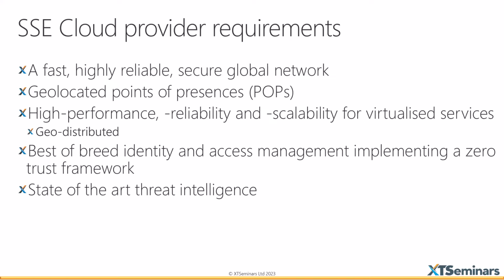So if we've got a virtualized firewall, we've got a virtualized gateway of some kind, it needs to be virtualized in the correct location. So that's all got to be geo-distributed and it's got to be fast. And then we need best of breed identity and access management, implementing a zero trust framework. And you need state-of-the-art threat intelligence.